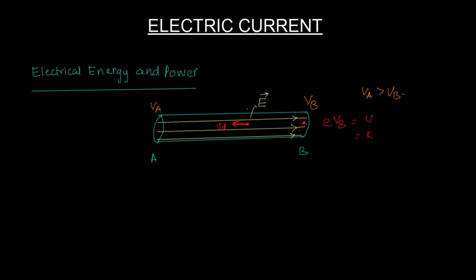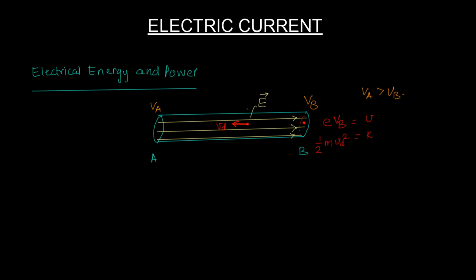What is the velocity at this end? We have seen that the drift velocity is a constant. It does not change, right? So it is half m vd square, is it not?